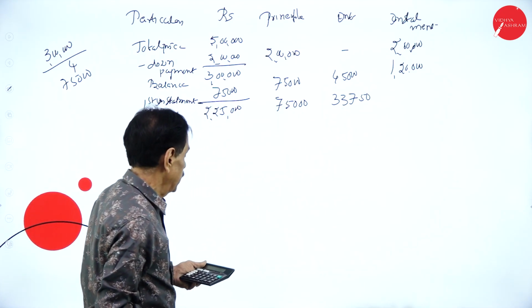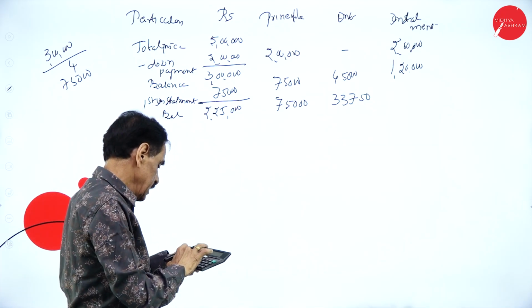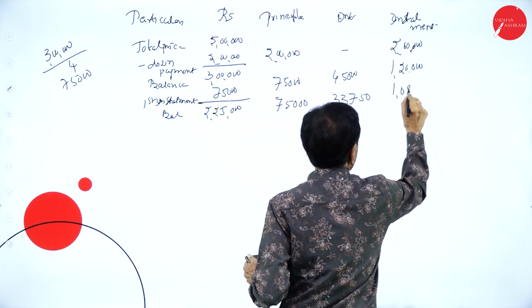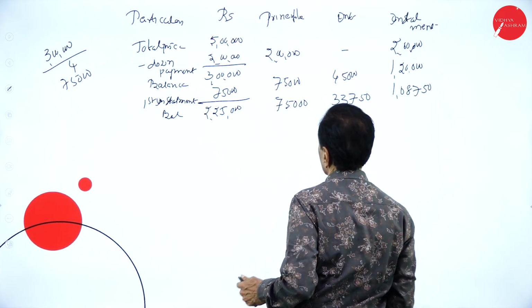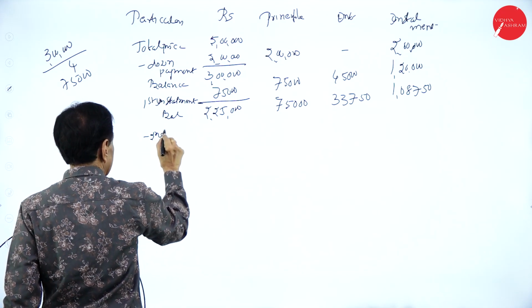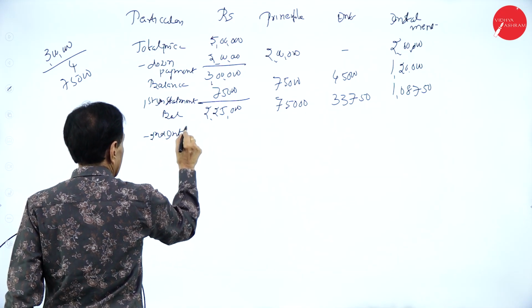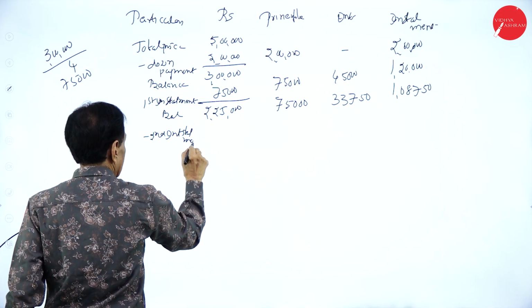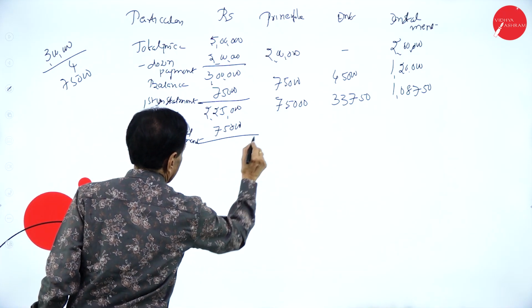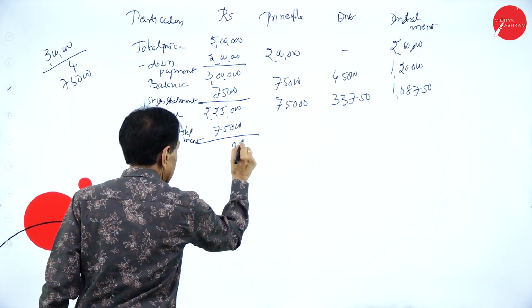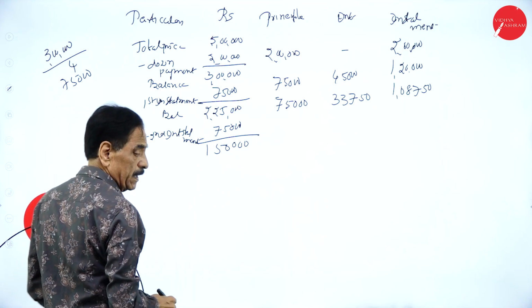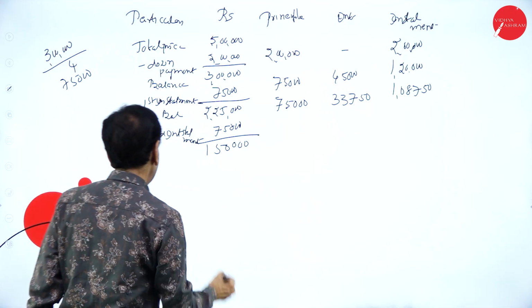Add to 75,000, 1,08,750. Deduct second installment, 75,000. Balance 1,50,000.